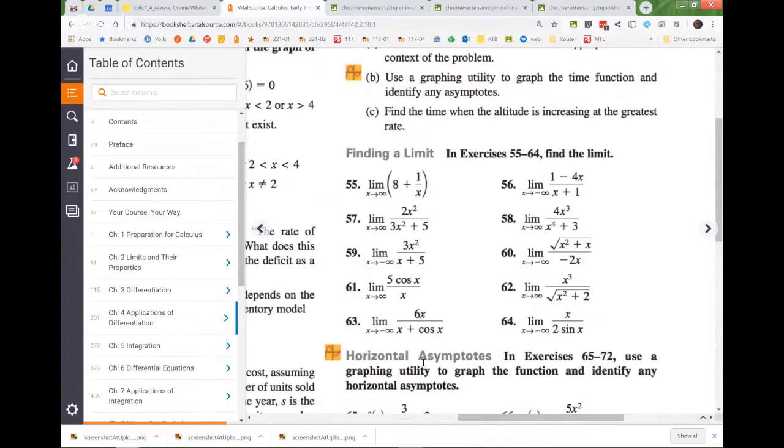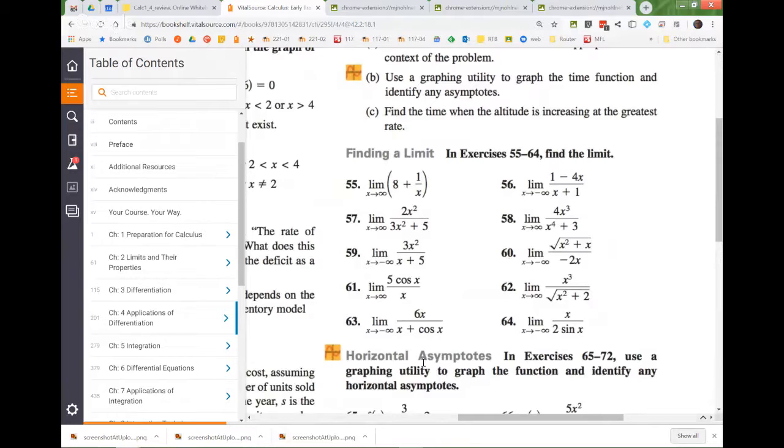On top, what's the maximum that can be? What's the highest that the cosine of x can be? Plus 1. 5 times 1 is 5, so that's the highest the numerator can be. What's the lowest it could be? Cosine of x could be negative 1, and it would be 5 times negative 1.